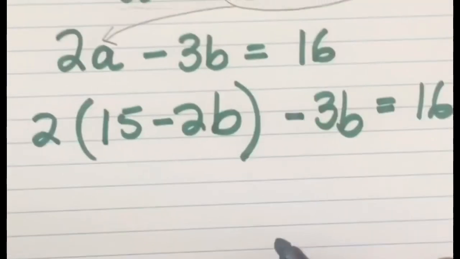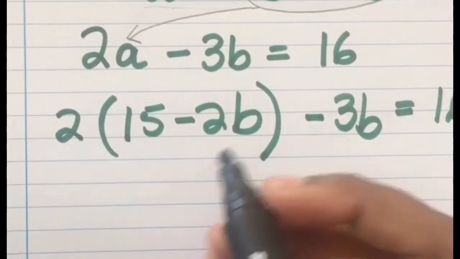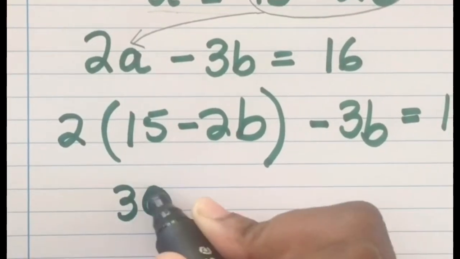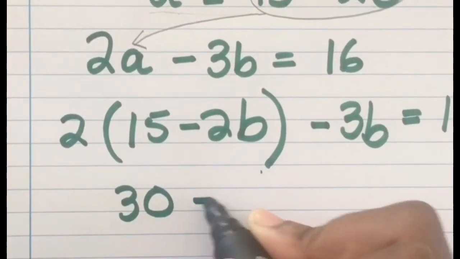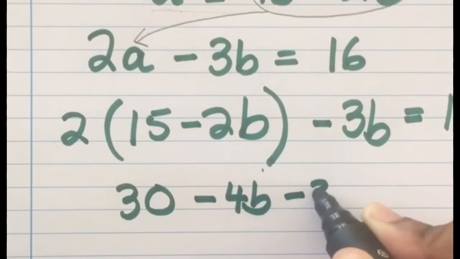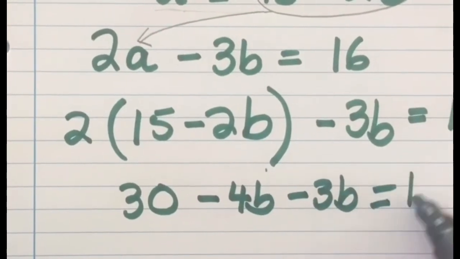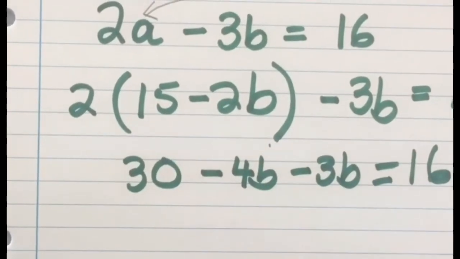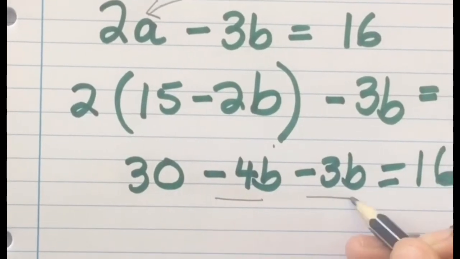I'm going to say 2 times 15 gives me 30. 2 times negative 2b gives me negative 4b, minus 3b equals 16. Now I can see these two are like terms.